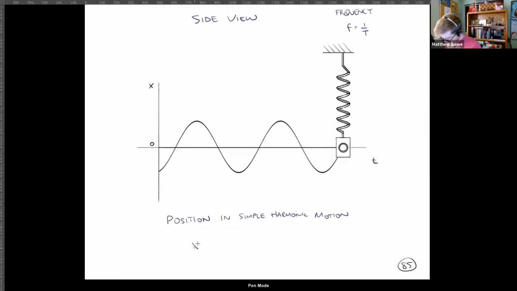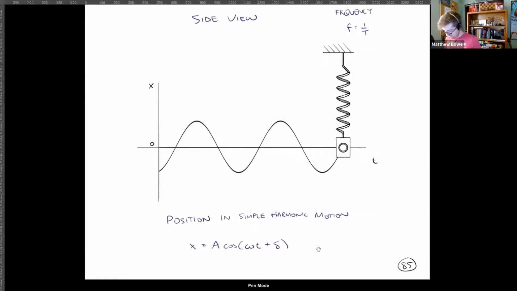And this is related to, so the position x is related to A cosine omega t. Try to make that look like an omega. Omega t plus this delta.